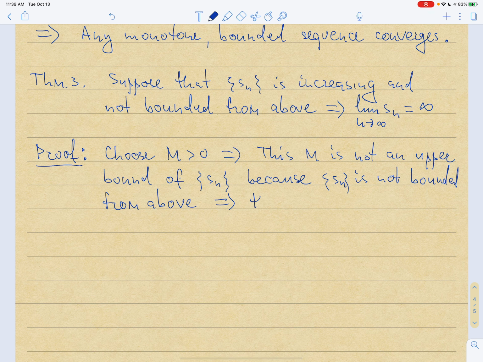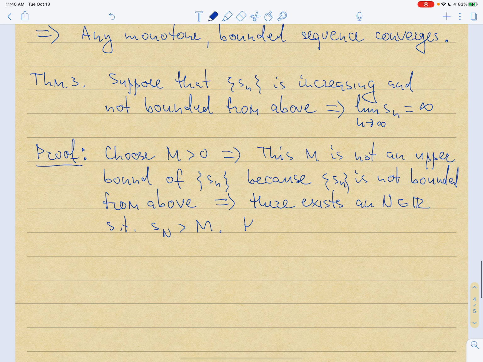So that means that there exists an N such that S with this index is going to be strictly greater than capital M.